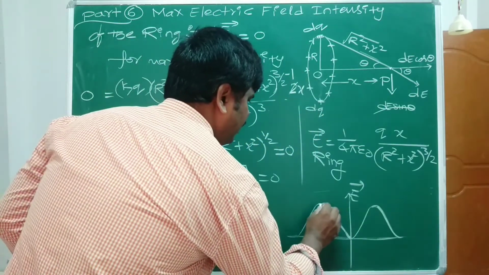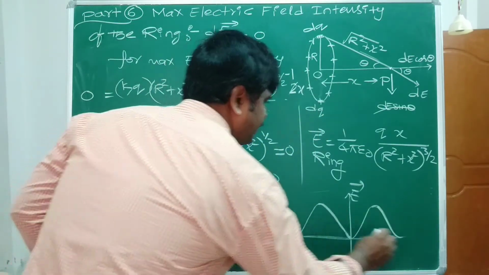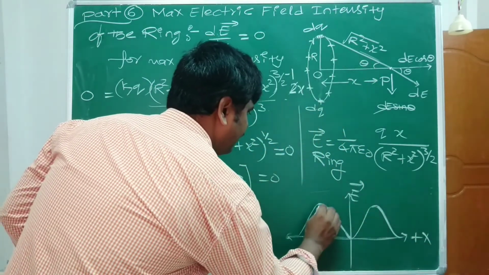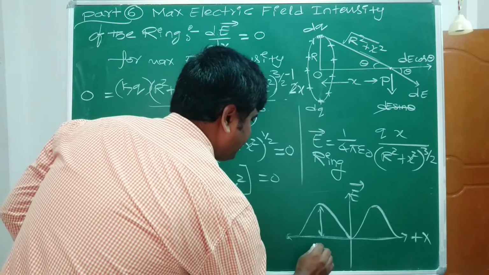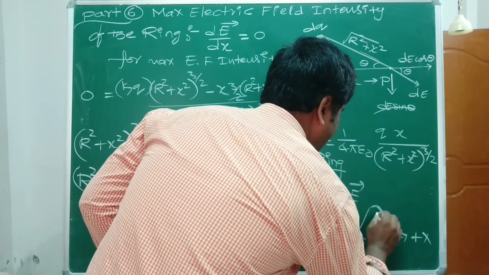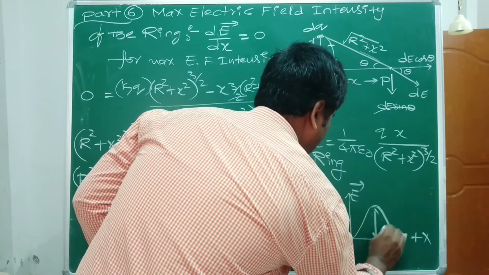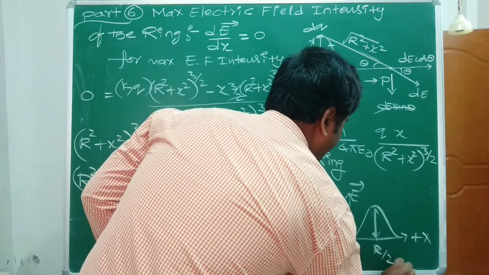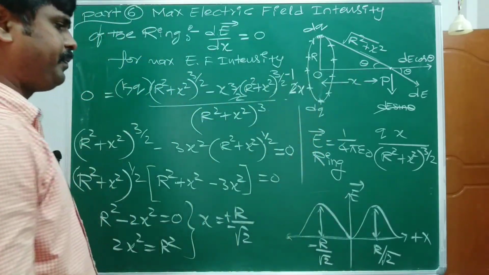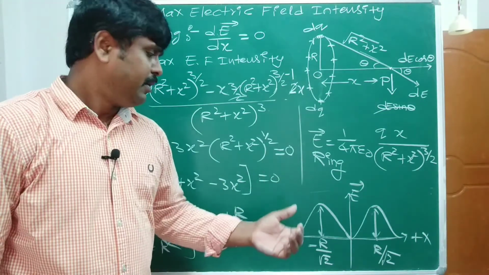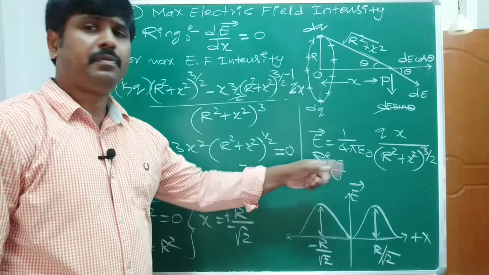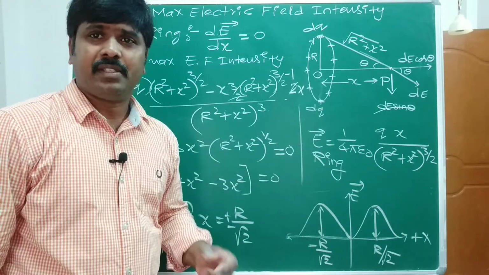This is the negative x-axis, this is the positive x-axis, that's why this value is here. x is equal to minus r divided by root 2, and this value is r divided by root 2. I will continue. We have to replace x is equal to r by root 2 in this equation, and we will get the resultant equation.